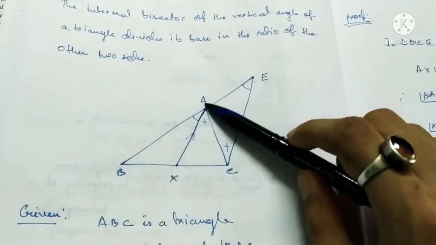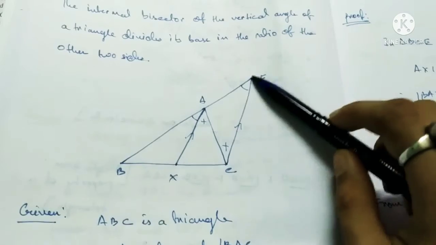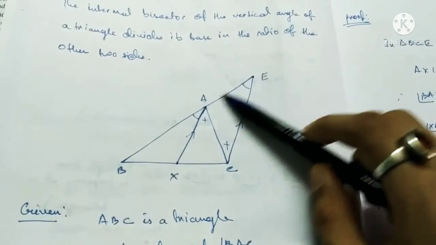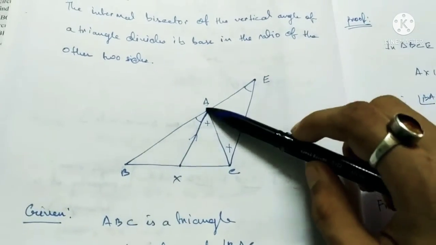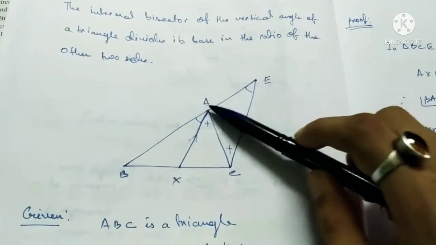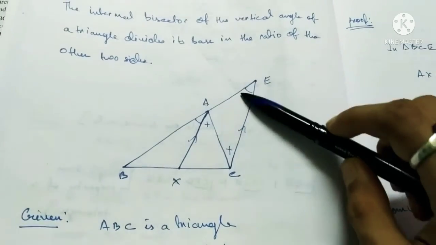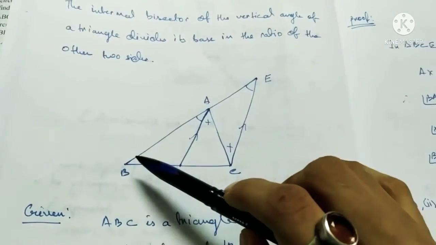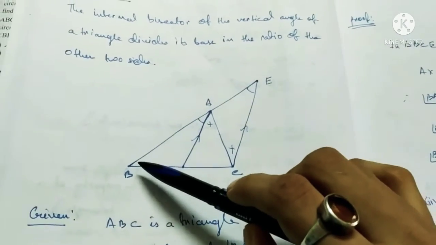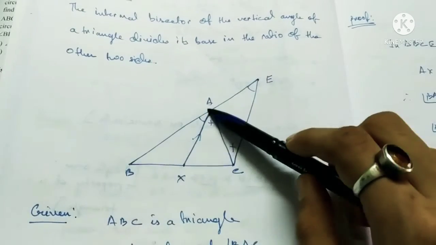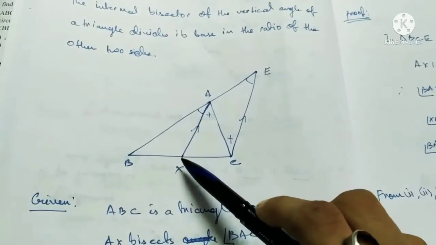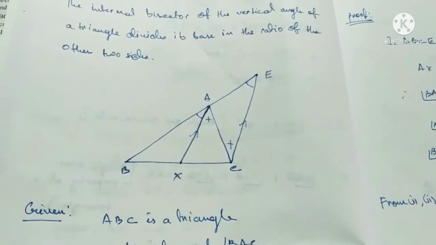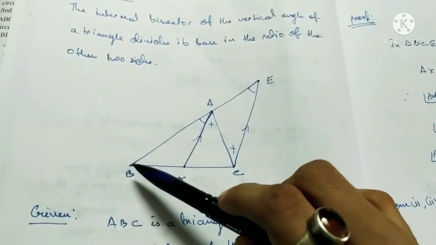Okay, now you see what I'm getting. AE equal to AC I have got, since these two angles are equal, yes or no? So in this basic proportionality theorem, after writing BA by AE is equal to BX by XC, a little bit change I will do.